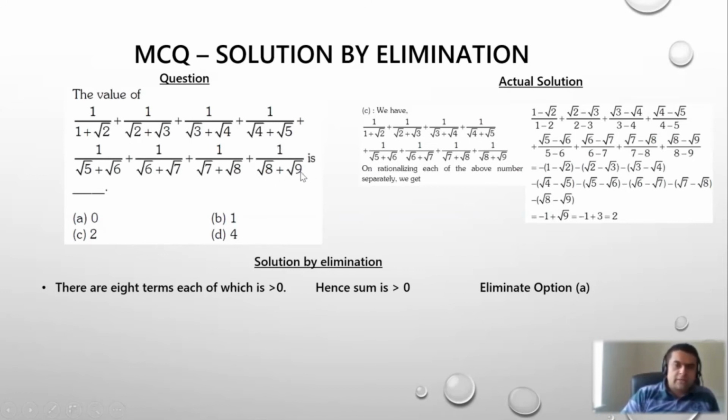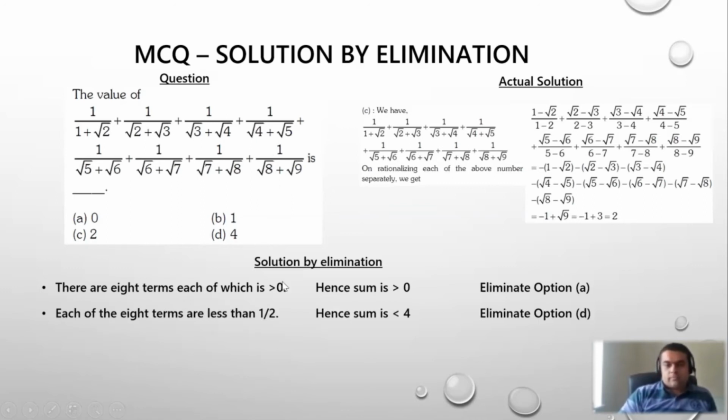So root 9 is 3, root 8 is a number which is close to 3, so this number is more like 1 by 6, so definitely it is less than half. So each of these 8 terms are less than half, so the sum of these 8 numbers should be less than 4, because each of the 8 terms are less than half. So we can eliminate option D. So 2 options are already eliminated.